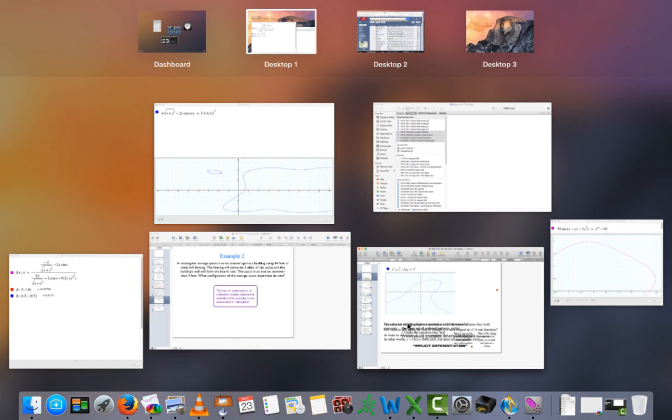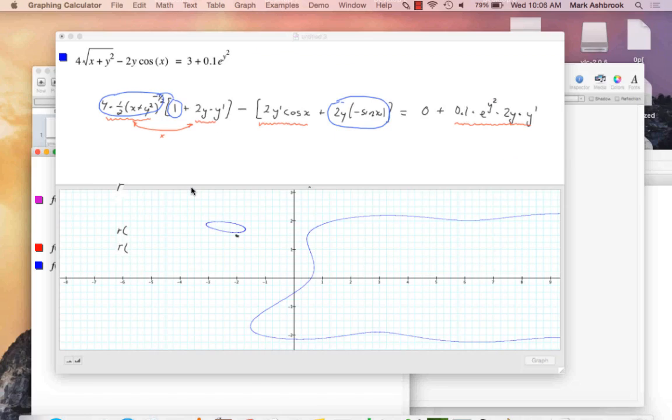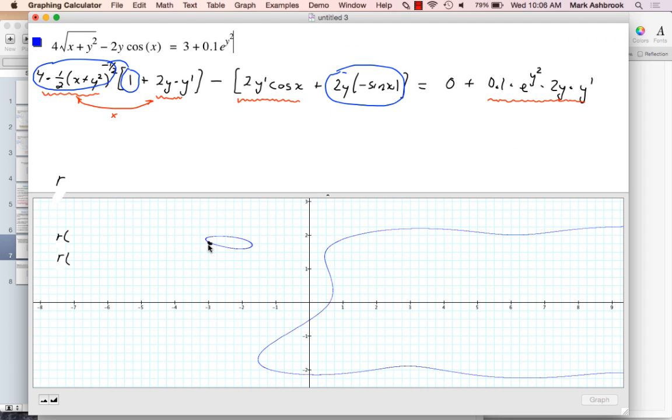Look. So when you put negative 3 and 1.8 into the rate function, it's about negative a half. You see that? It will spit out about negative a half. That's giving the value of the rate of change right there at that point on the little ring.